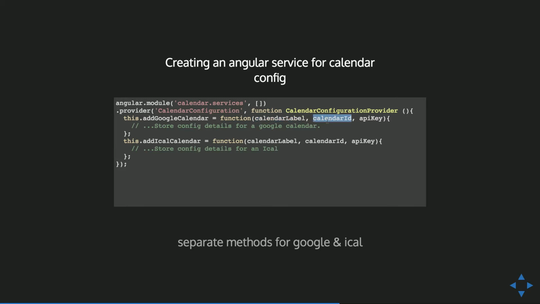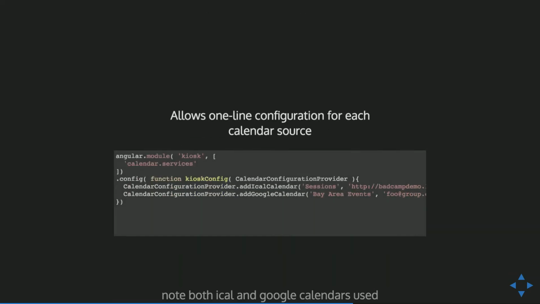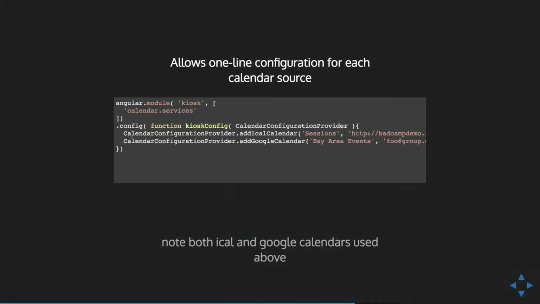It takes a calendar ID, which you get directly from the Google Calendar, and an API key, which is optional if there's a globally configured API key for other Google services. It's really similar for the iCal calendar, which is anything other than Google for this kiosk. That allows me, with really simple one-line configuration, to add new data sources.